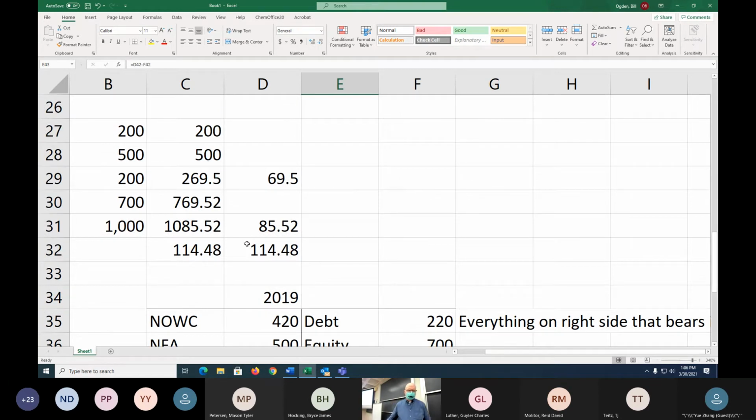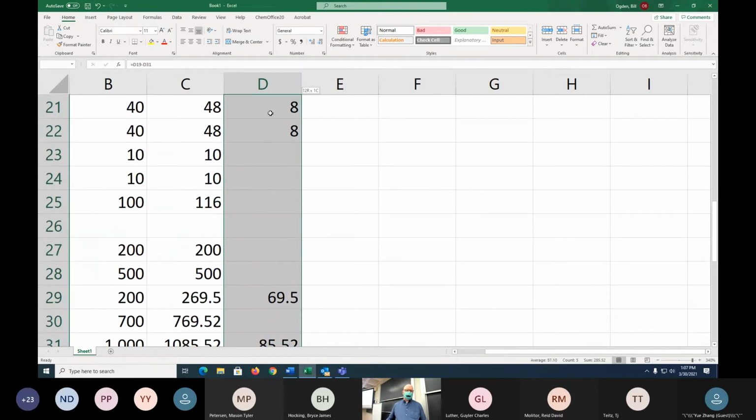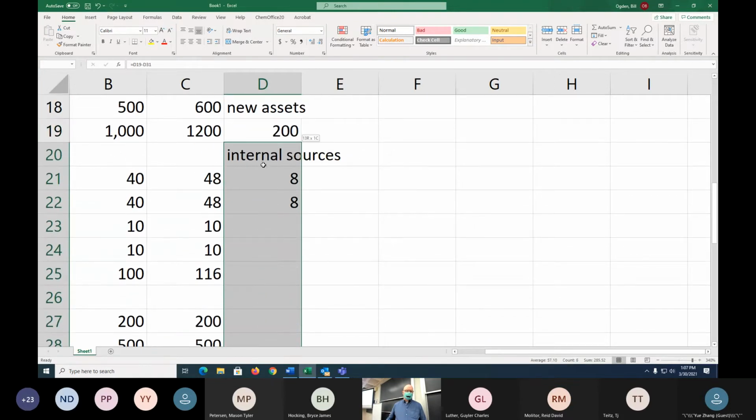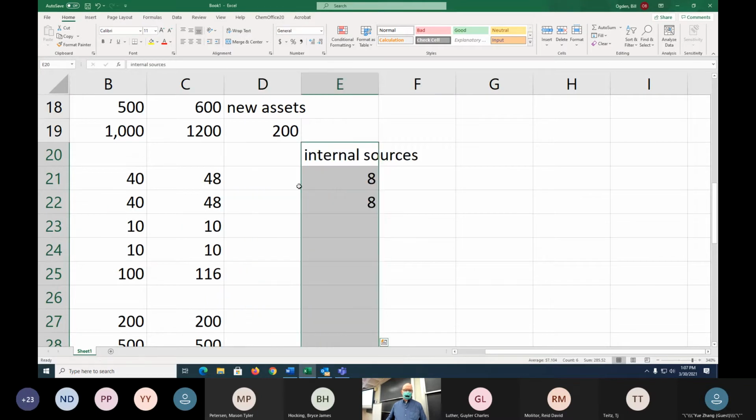So what I'd like you to do, if you're following me, I'm just going to nudge these over one, and then I'm going to restate the balance sheet, and we're going to make this work. Now how you make it work, you have to follow a story. I'm going to choose a very simple story. We are simply going to borrow enough to make this balance.